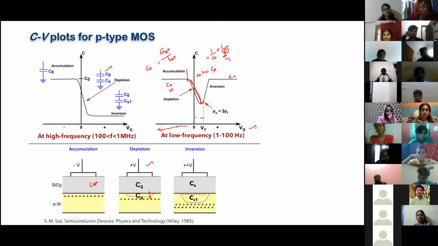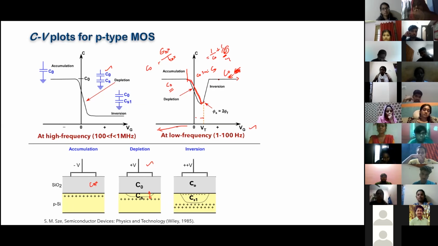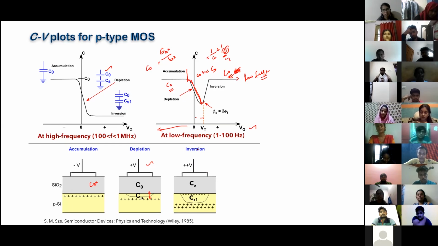So in this case, this is called the inversion side, and here what you see is exactly the oxide capacitance alone. So it will come back to the oxide capacitance, and usually people call this the low frequency capacitance. This case occurs only when you apply the voltage with a low frequency, of the order of 10 hertz, maybe 50 hertz, 100 hertz, not more than that.